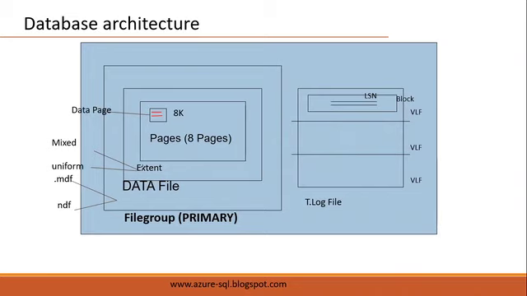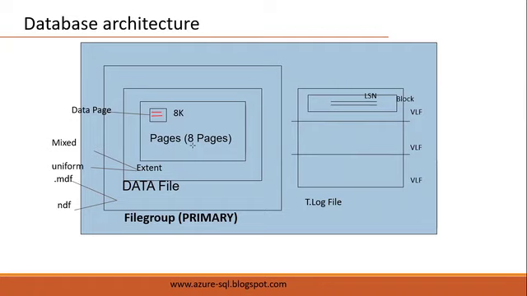In a data file we have extents. An extent consists of 8 pages. To group the pages we have extents. To group the data files we have file groups, to get better performance. That's why each extent has 8 pages, and each page size is 8 KB.